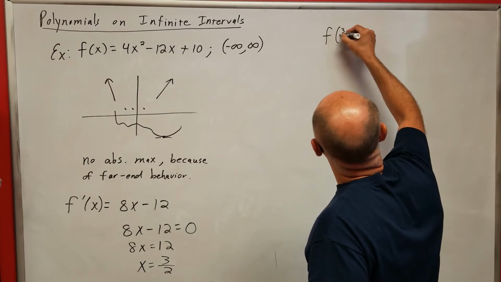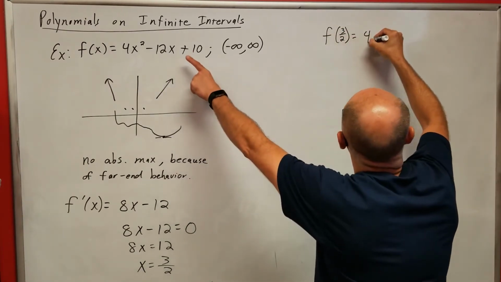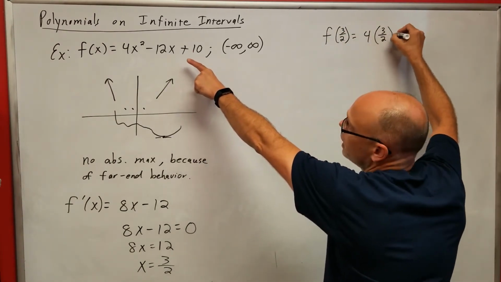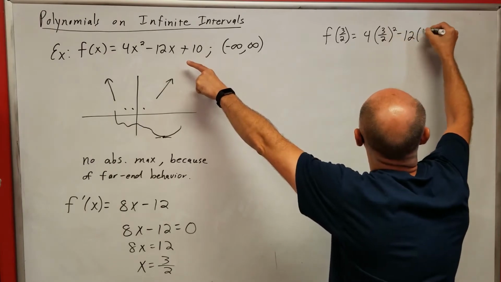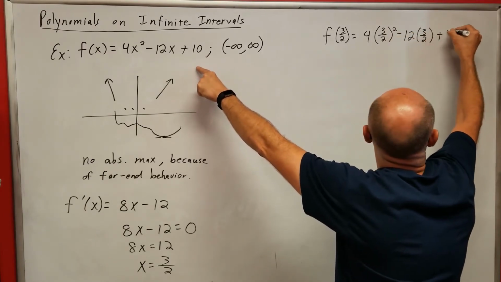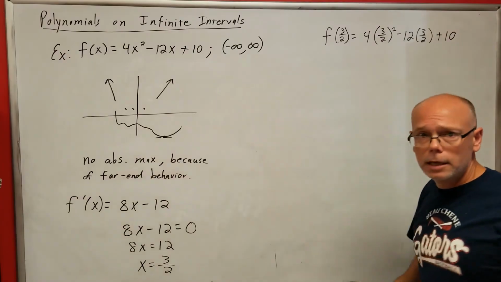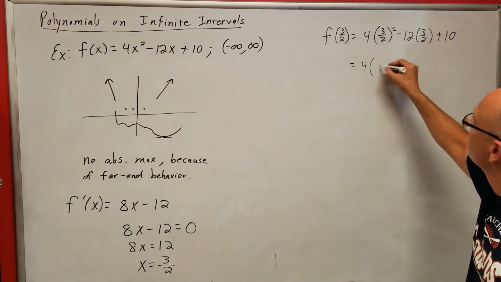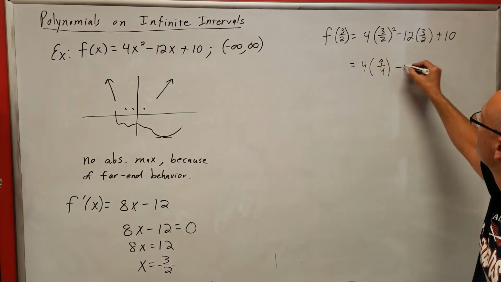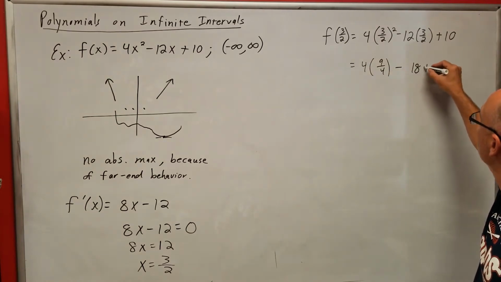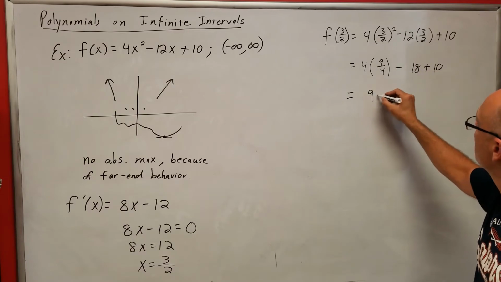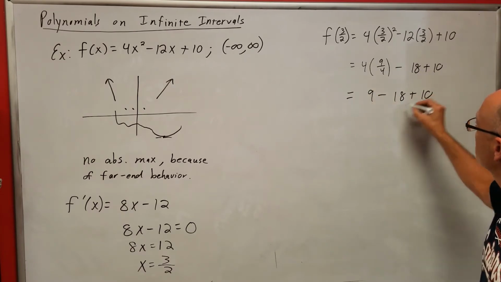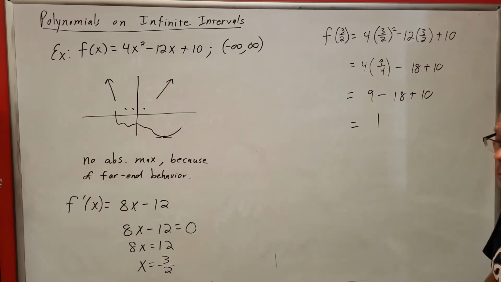So f at 3 halves will be equal to 4 times 3 halves squared minus 12 times 3 halves plus 10. And then calculate that. You could put it in your calculator now, it really doesn't matter. So you get 4 times 9/4 minus 18 plus 10. That gives you 9 minus 18 plus 10, which is 1.